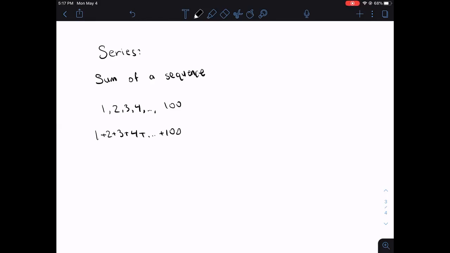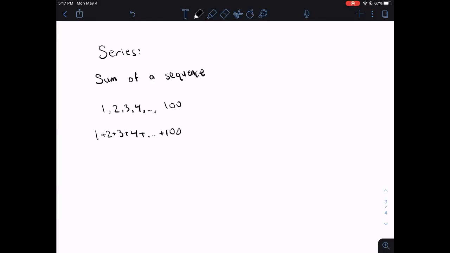This is commonly told as Gauss's method or Gauss's theorem because there's a story about how Gauss was in elementary school and the teacher got annoyed, so the teacher told him to add these numbers up, and he did it really quickly.